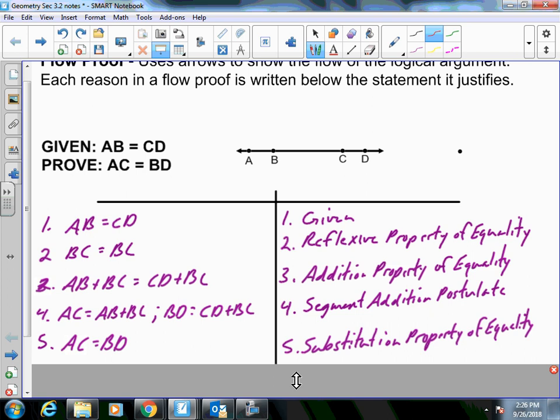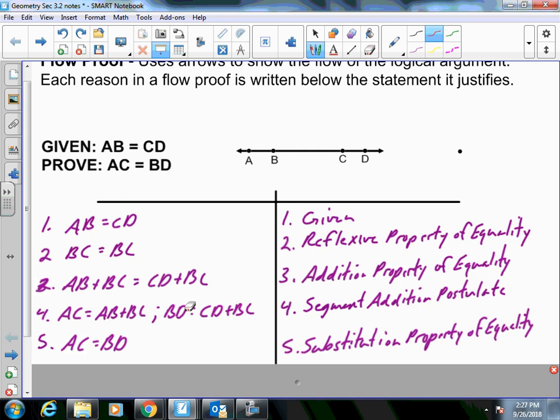All right, so this is what we call a two-column proof. It's a set of numbered steps in two columns. Another type of proof that we've done in the past is a paragraph proof, which takes all of these steps in the same order, but writes each one of them as a sentence in paragraph form.